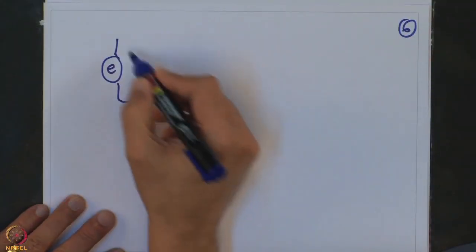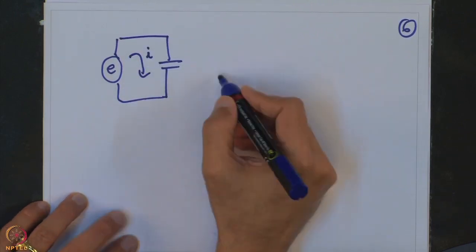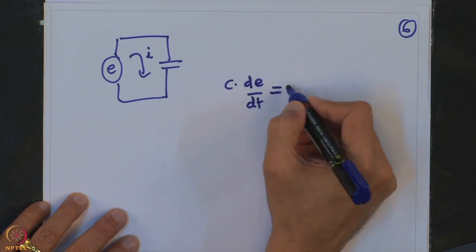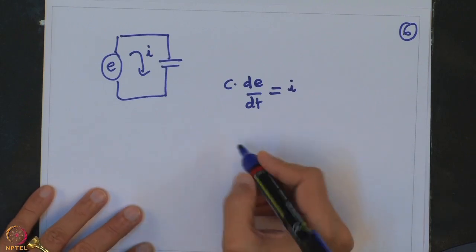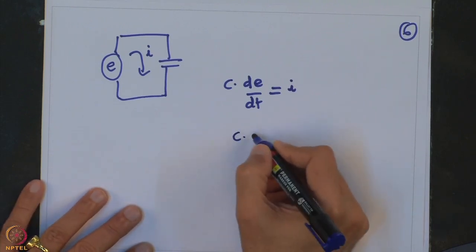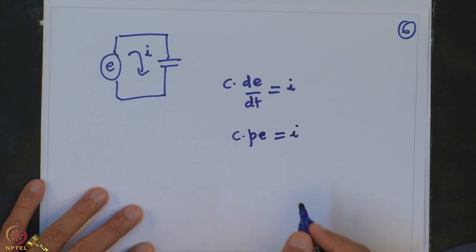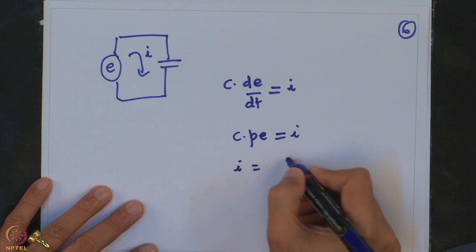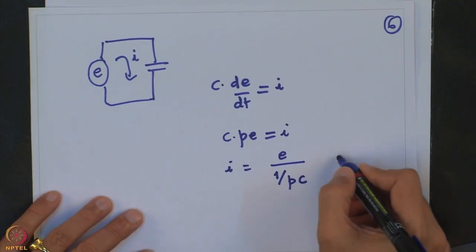So, if you know that excitation E is applied to a capacitor, then we can say C dE by dt is equal to I. And then using the operator again, we can say that C P E is equal to I. And from here, we can manipulate this equation a little bit, and we can say I is equal to E over 1 over P C. Again, this is Ohm's law.